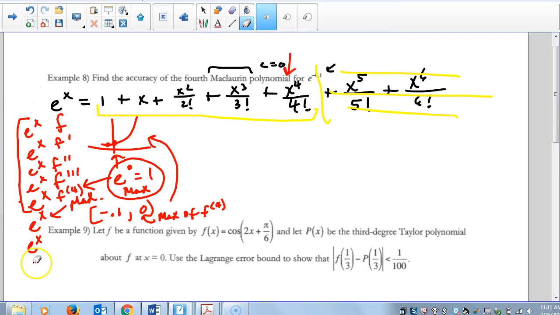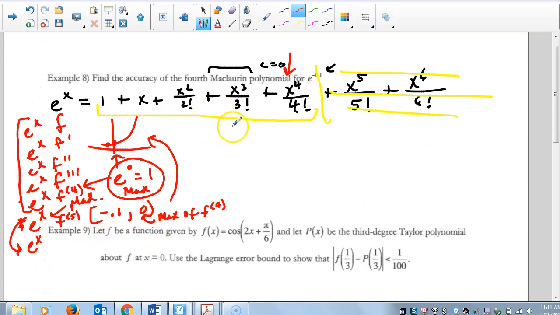Bam. So we went to the fourth, we're going to the fifth, and then maximizing that. So this is f5. To do that, I needed its derivative. Fortunately, everything is the same because we're just dealing with e to the x.